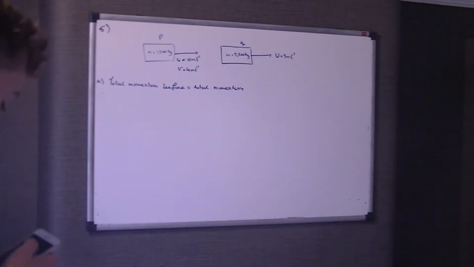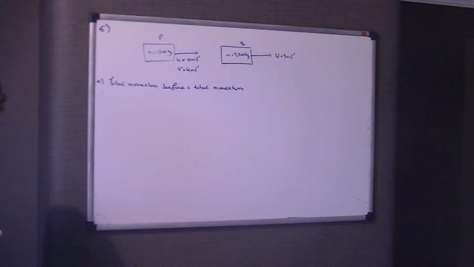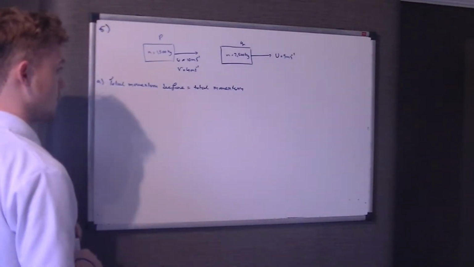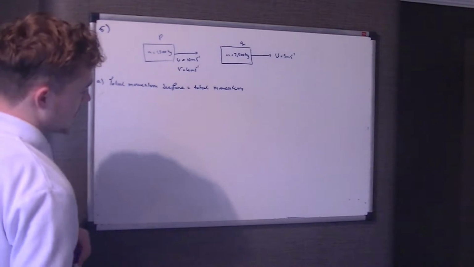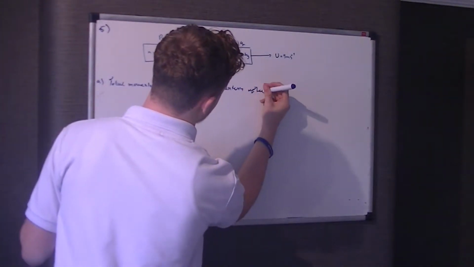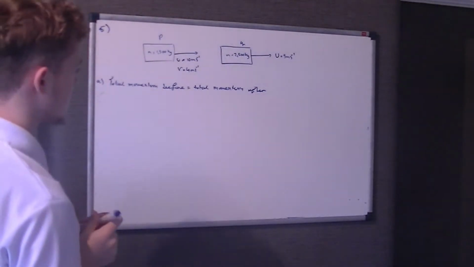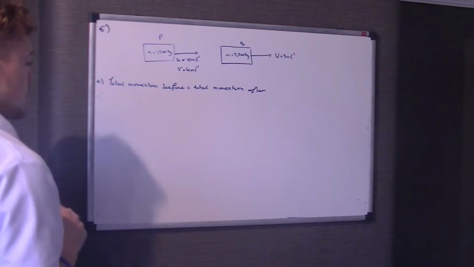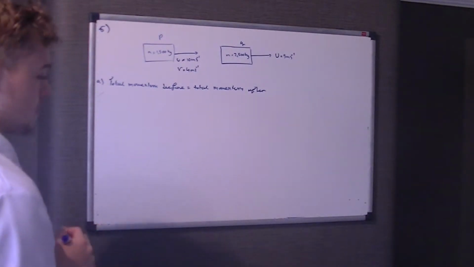So to recap, we need to remember what momentum actually was. Momentum is mass times velocity. So total momentum before is equal to total momentum after. So what we need to do is, you don't really need to consider the initial speeds.